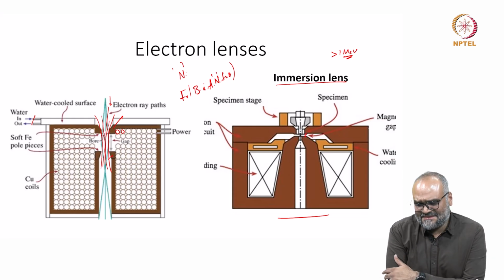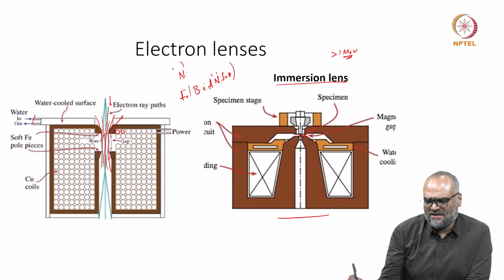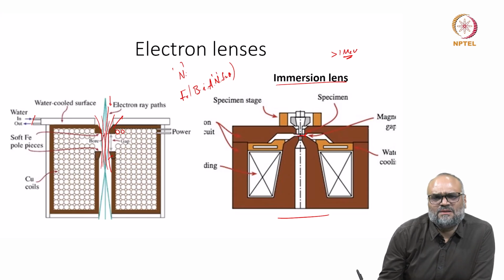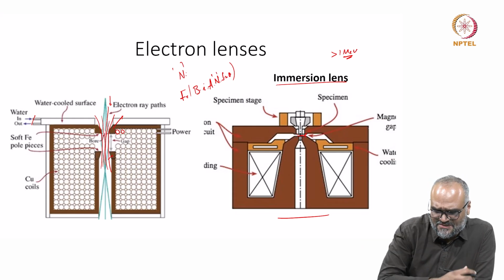And the idea is you have this little pole piece gap because you want your specimen to be as close as possible to the objective lens to achieve as high magnifications as possible.